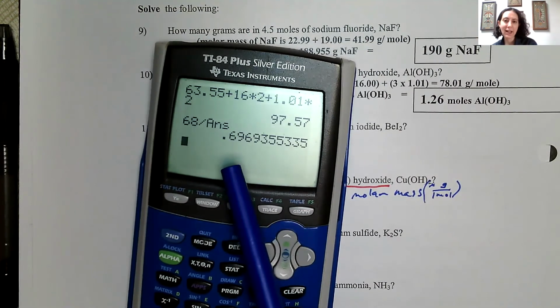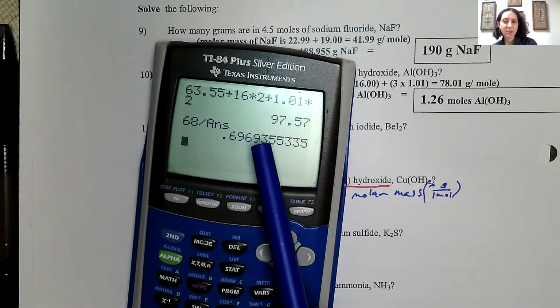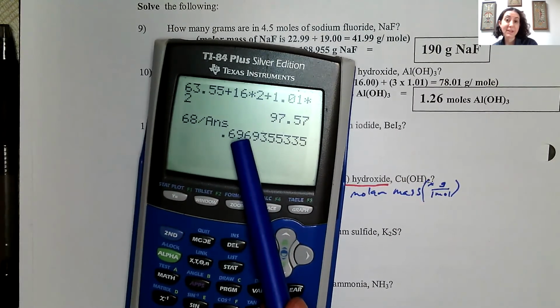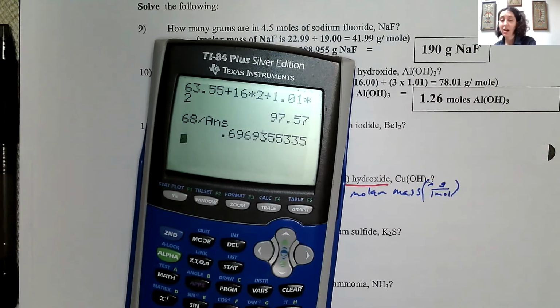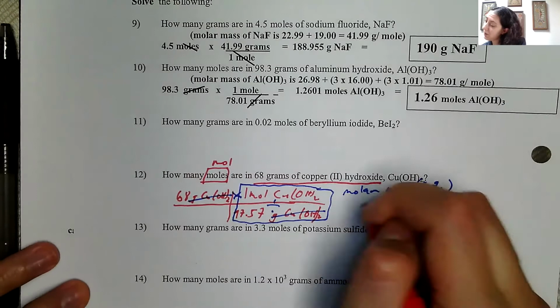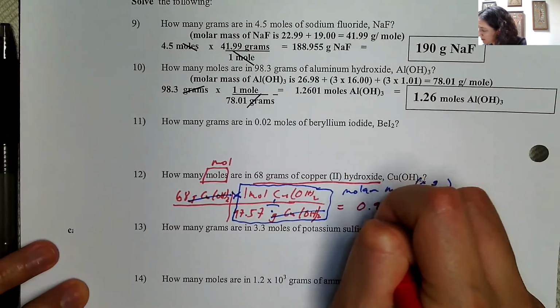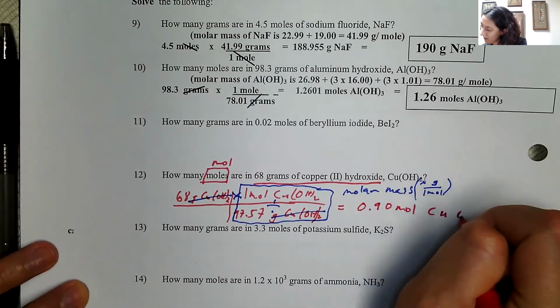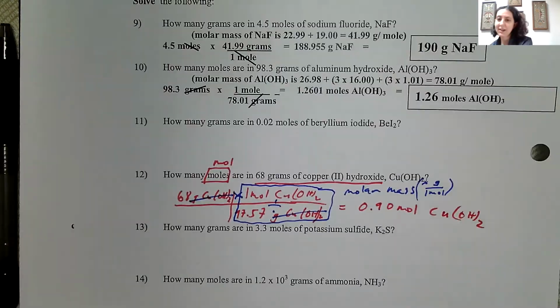So 0.69, we have to bump it up so that the 9 is going to become a 10. So it's going to actually be 0.90 is how we write this, how you round that up. And that is going to be moles of copper hydroxide. And that is our answer.